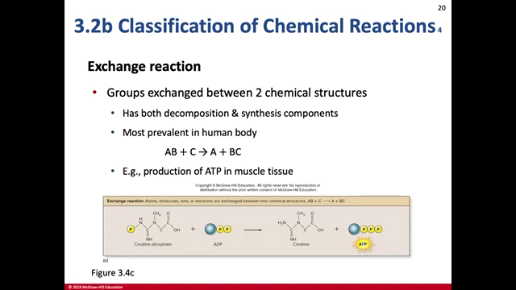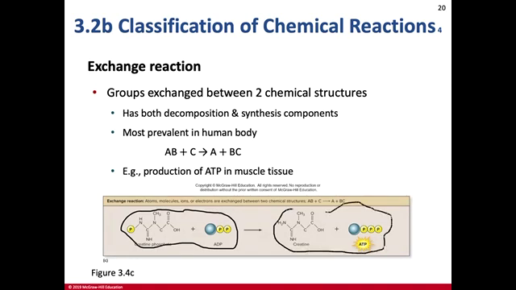There is probably more net energy on this side of the equation than on this side. There's less energy over here, and that's why creatine phosphate is able to donate a phosphate group to ADP. That reaction isn't likely to go in the opposite direction.